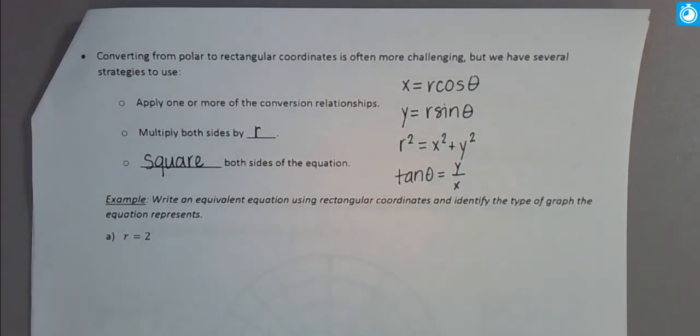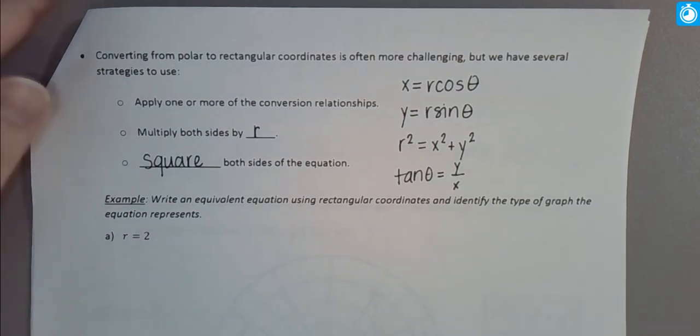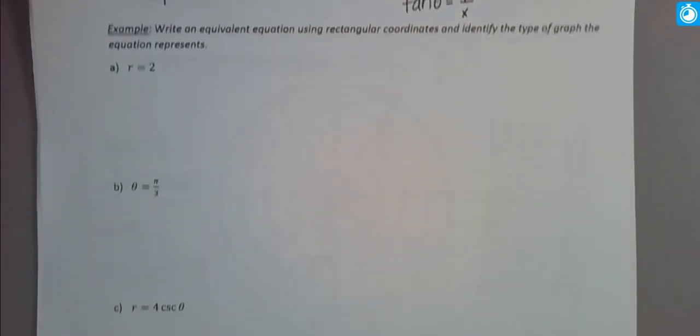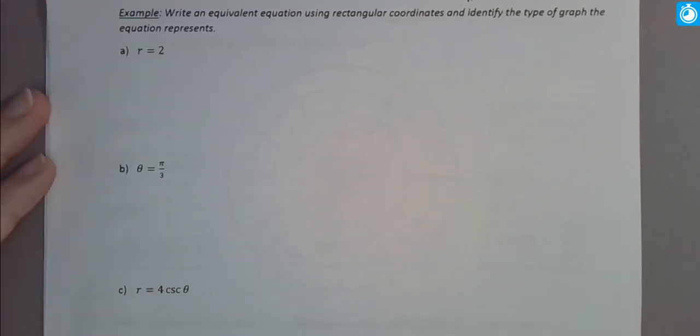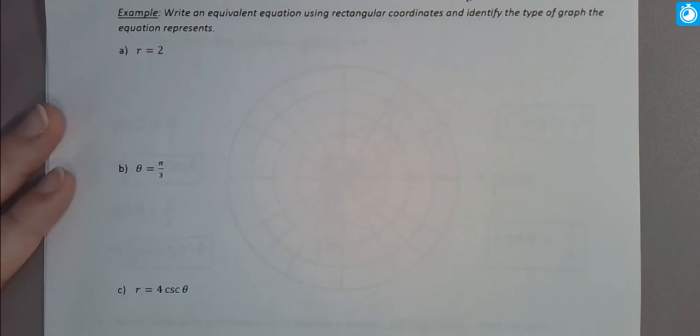Okay, so let's look at several examples here, and let's convert from polar to rectangular coordinates. So we have r and theta, we want x and y. So we're going to convert, and then we also want to identify the type of graph we're looking at based on our conversion.